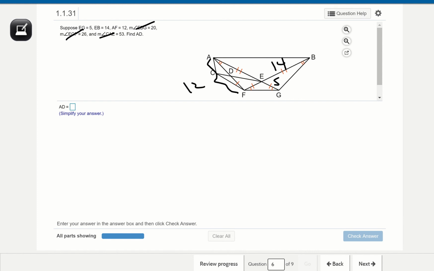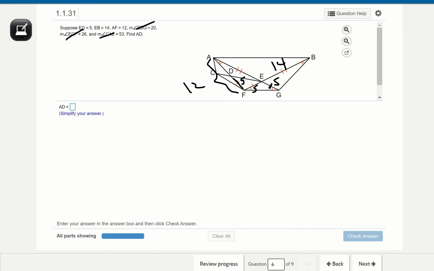Okay, so now we know what EG is, and so we know that anything with one single tick mark has a distance of 5. So I know that EF has a distance of 5 as well, right? And I know that DF right here has a distance of 5.